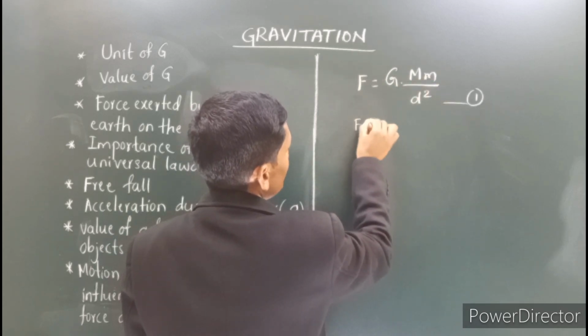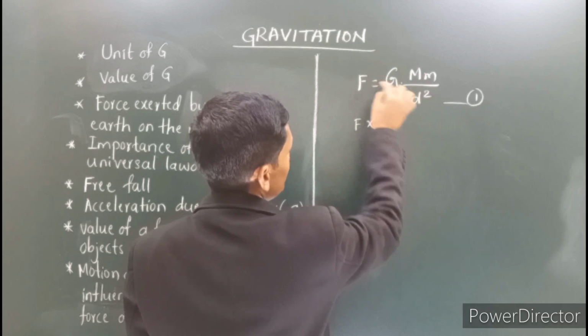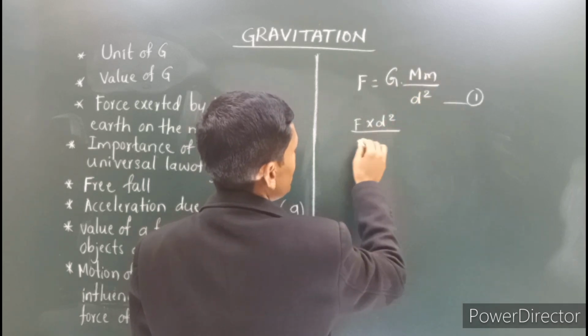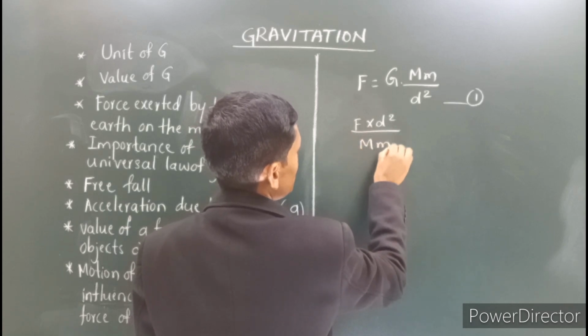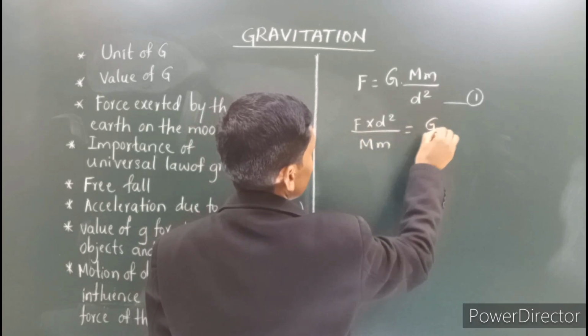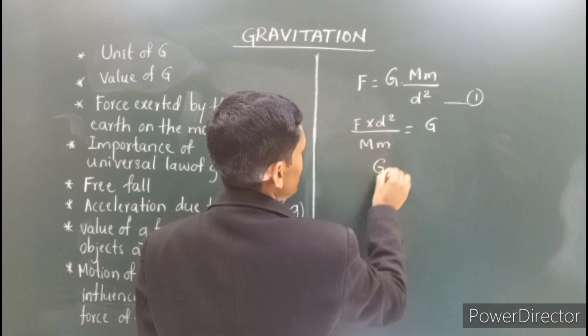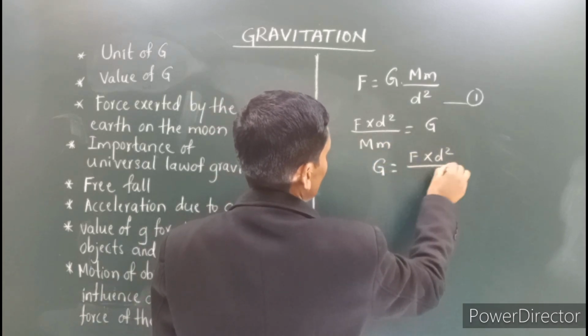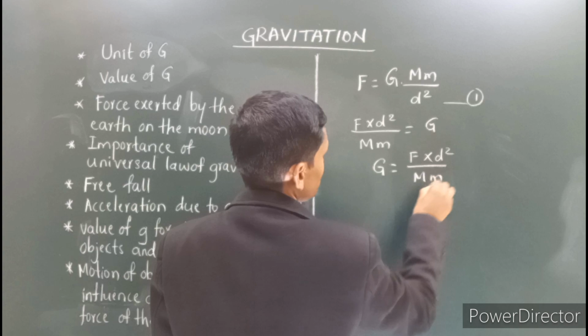F into d square, and the M and m go to the other side. Here G is equal to F into d square divided by M into m.